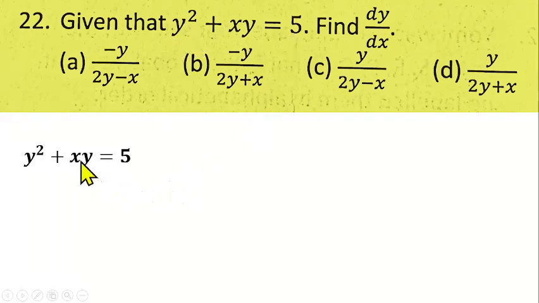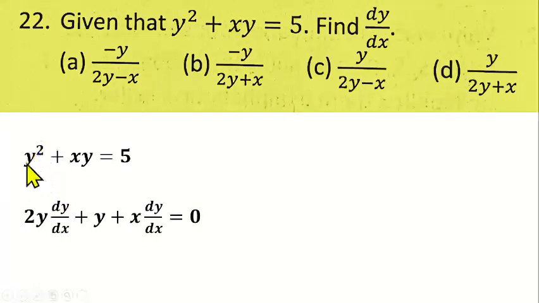And how do we do that? If you differentiate y squared, that should give us 2y dy dx. Why are we having dy dx? Because y is a dependent variable, so anytime you are differentiating y, you need to have dy dx. Then plus, you differentiate x and leave y.